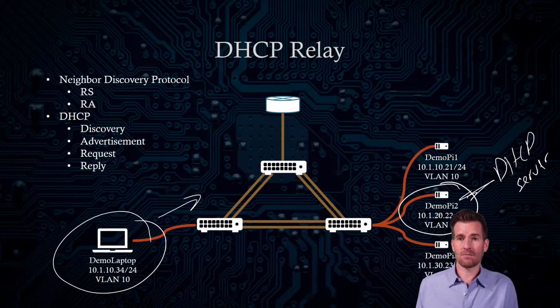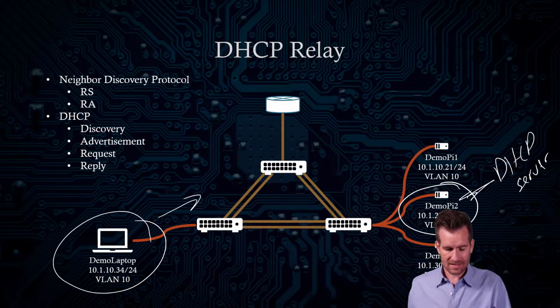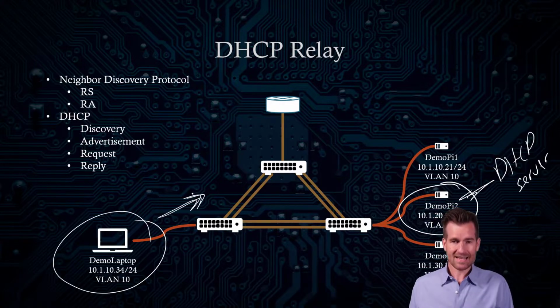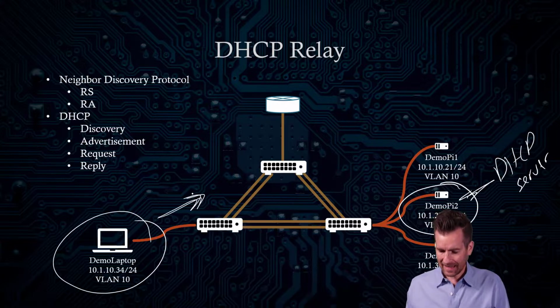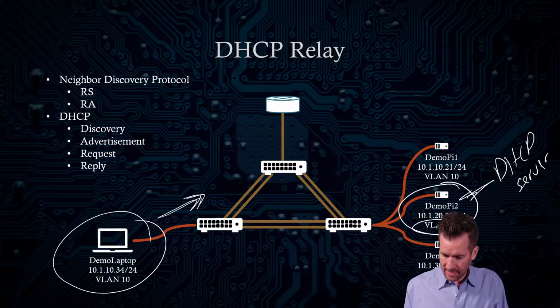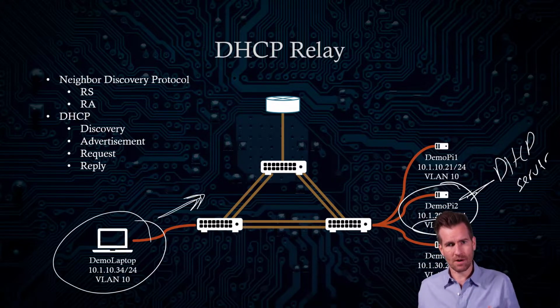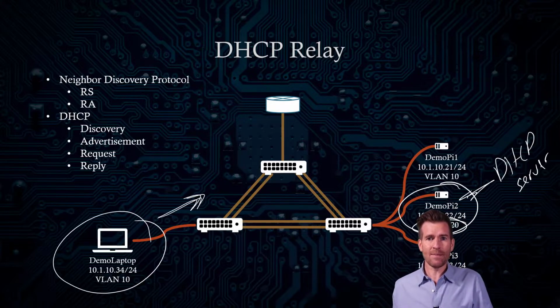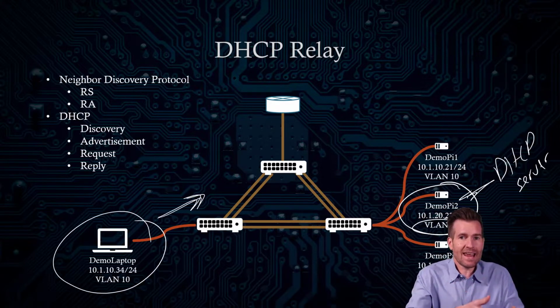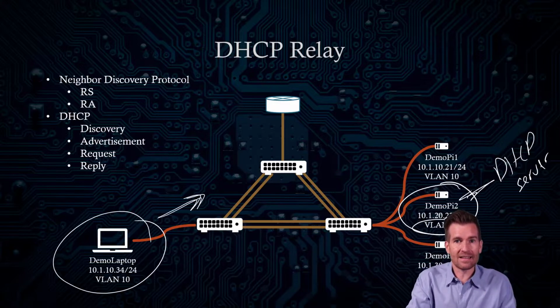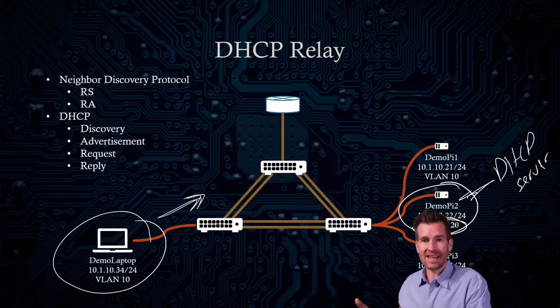Same thing when it comes to DHCPv6. That initial request stays within VLAN 10. And this demo Pi 2 is part of VLAN 20. So somehow we need something that's going to take these requests from VLAN 10 and send them to VLAN 20.